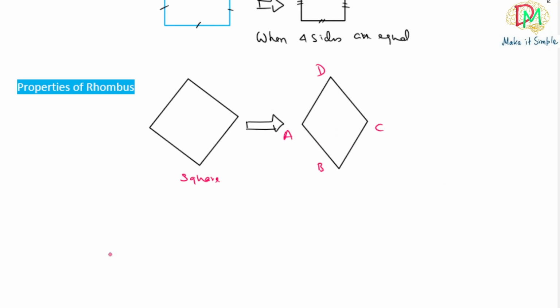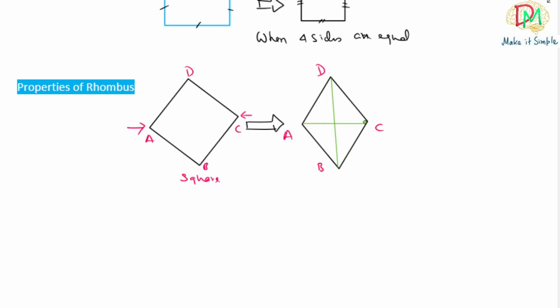Now we learn the properties of the rhombus. If you squeeze or apply pressure to the two corners, let's say AB, CD, then it becomes a rhombus. So these are the diagonals.